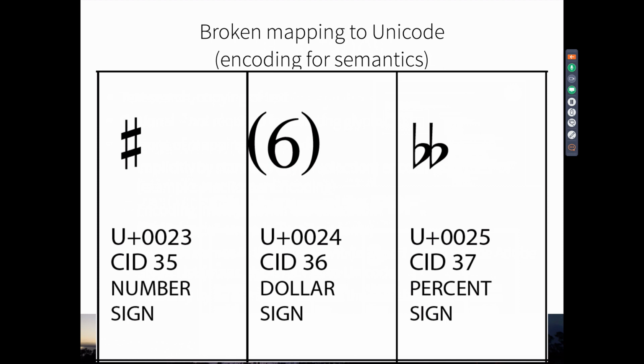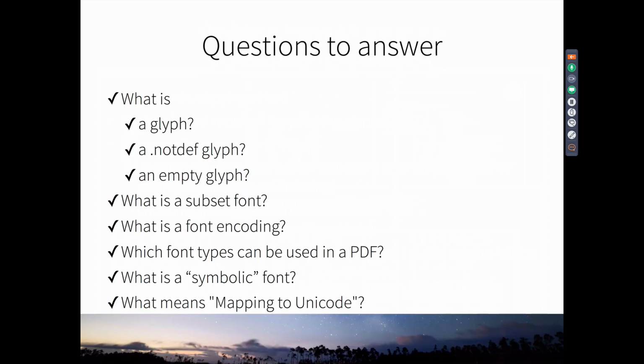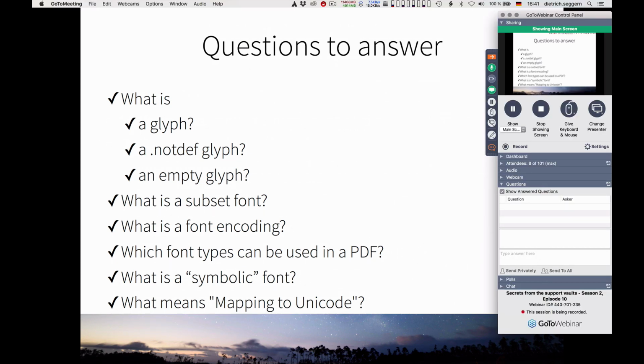So just an indication that also here for Unicode mapping something may go wrong. And I think that is what I wanted to explain from a theoretical point of view. So what is a glyph and notdef, an empty glyph, what is a subset font, what is font encoding, which font types can be used in a PDF file, what is a symbolic font, and what does mapping to Unicode mean.